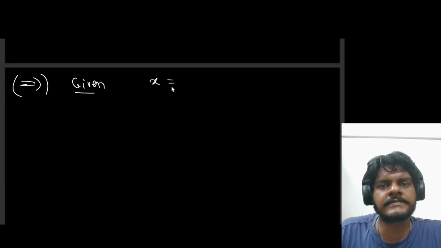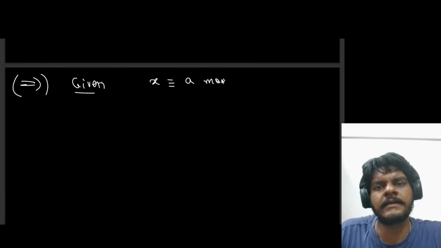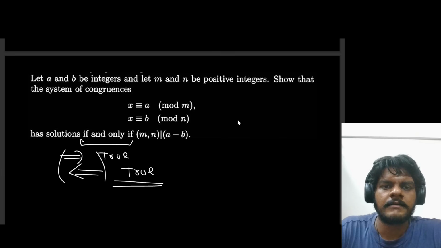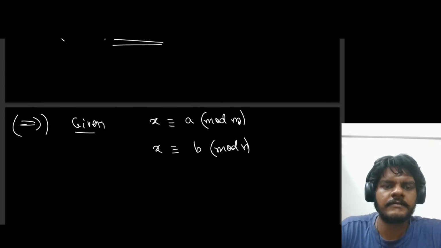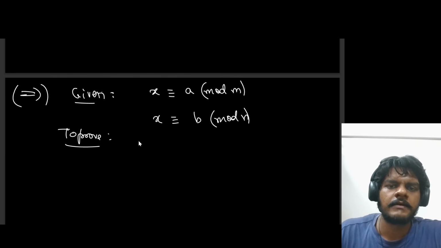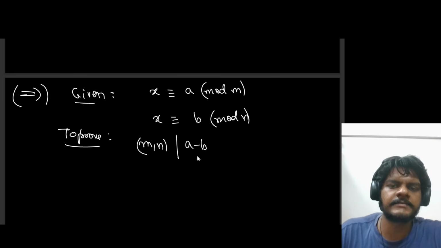Given that x is congruent to a mod m, and x is congruent to b mod n, these two are given. We need to prove that the GCD of m, n divides a minus b.